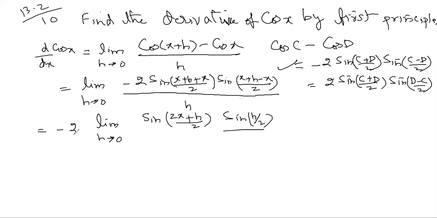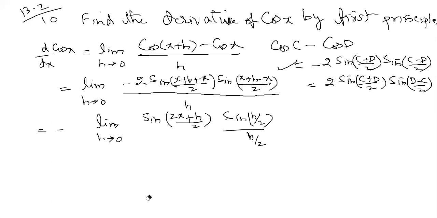But this minus 2, not minus, the minus you can leave here. This 2 can be written as 1 by 2, so we can write h by 2, because this h is written with this one, and this 2 can be written with h by 2. So this 2 we have taken here.